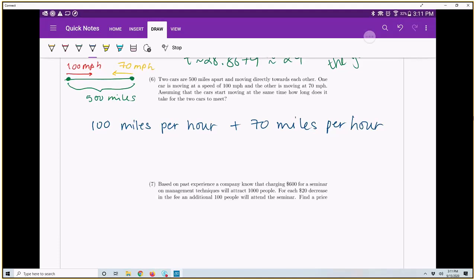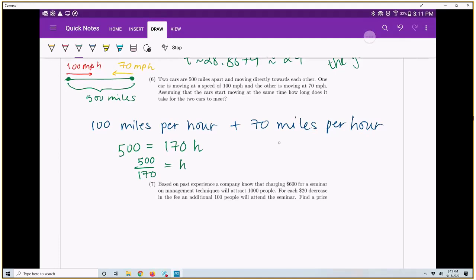And they're 500 miles apart. So we're going to say 500 miles is equal to 170 miles per hour times h. I could use h for hour, or I could use x for hours. It doesn't matter. But to solve for h or x, I'm going to divide by 170, and I'm going to say 500 over 170 is equal to h.